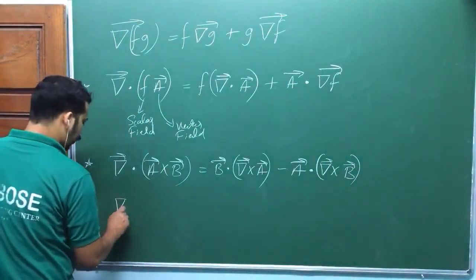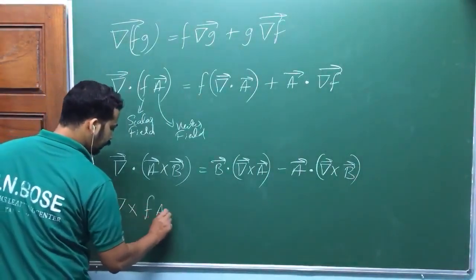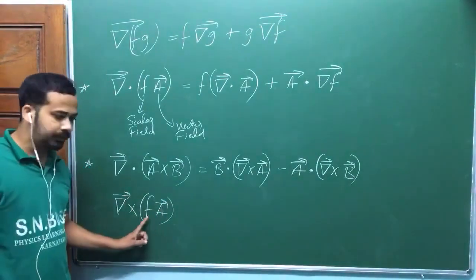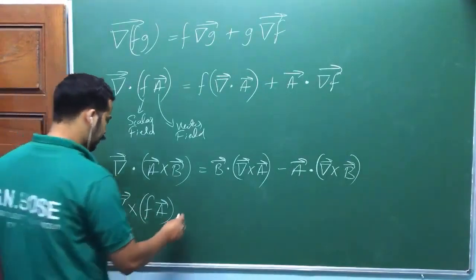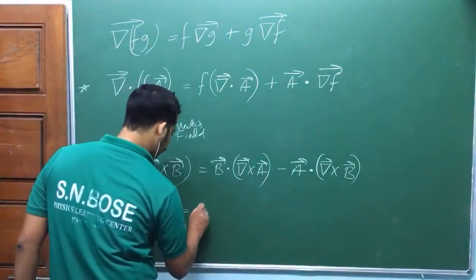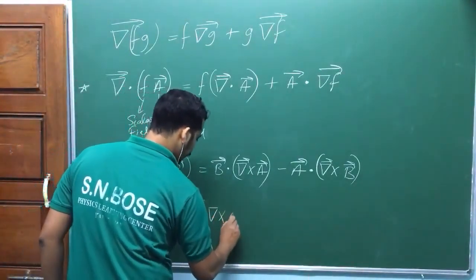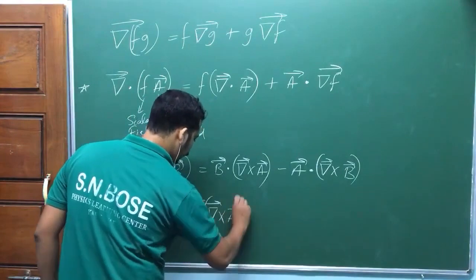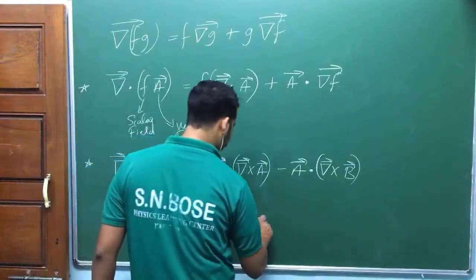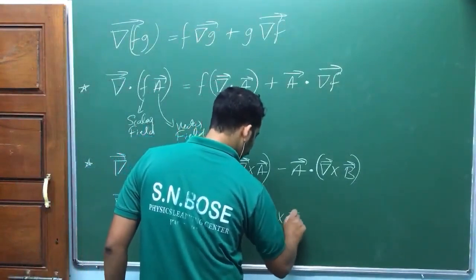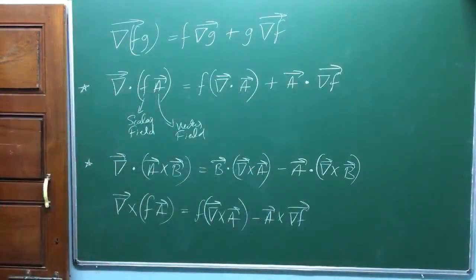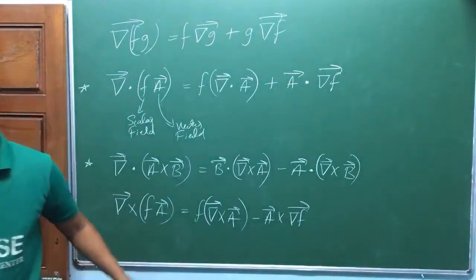So del cross, scalar field into vector field, okay, curl of a vector field multiplied with a scalar field, so that is equal to the scalar field F into curl of A, minus A cross del F, A cross gradient of F. I don't think we applied this one frequently.